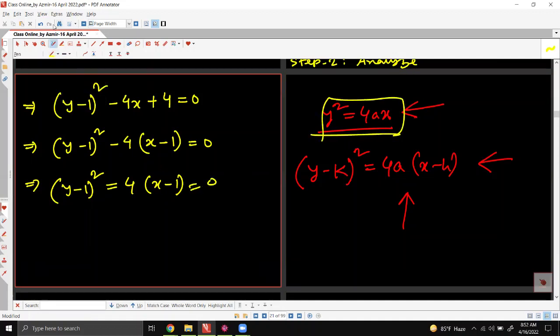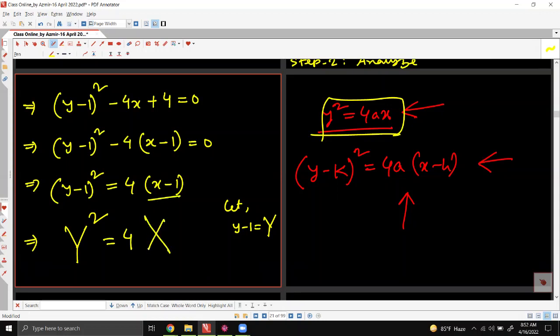So what we have to do? We have to write y minus 1. Let's say y minus 1 is capital Y. So we have considered y minus 1 equals uppercase Y equals 4 times x minus 1 is x. So capital X equals x minus 1.